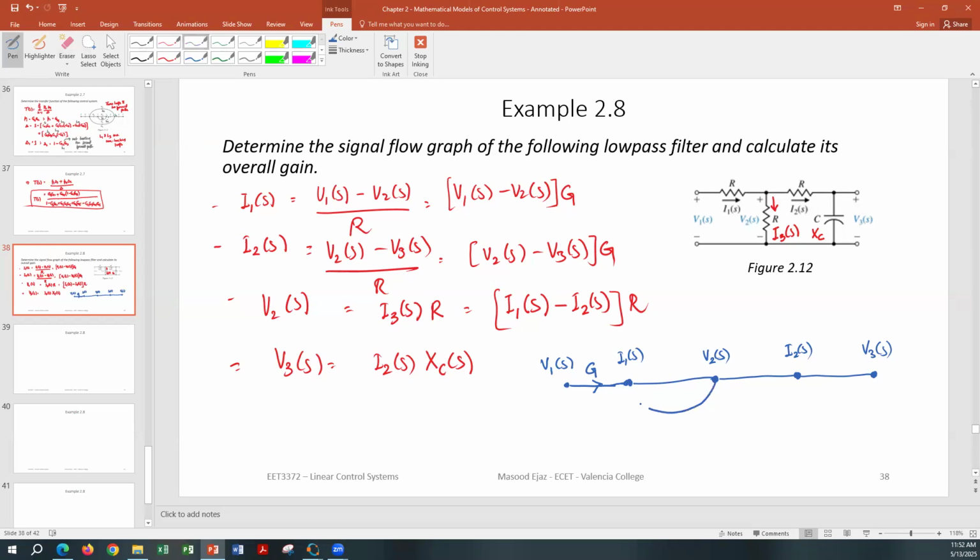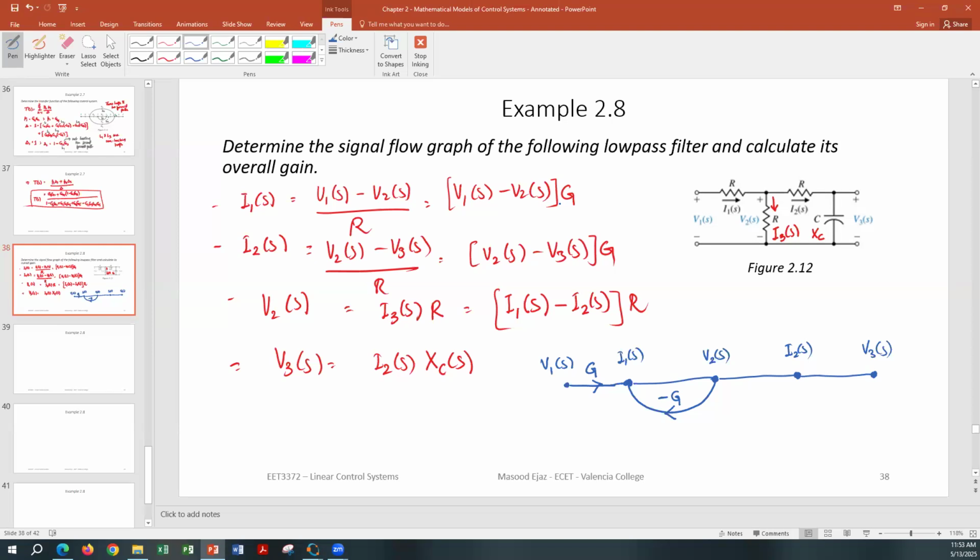So I'm just going to connect this without an arrow, and the gain of the branch is represented by the arrow, which is going to be negative G. So your I1 is going to be V1G plus V2 times negative G, so V1G minus V2G. Make sense? Any questions? Okay, so we're going to move on.